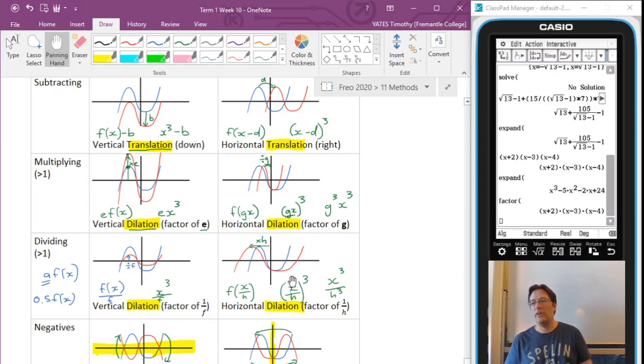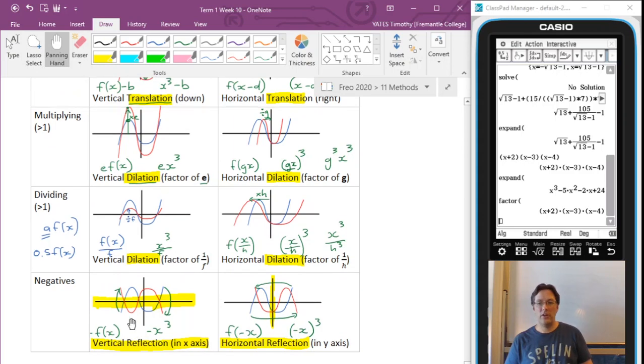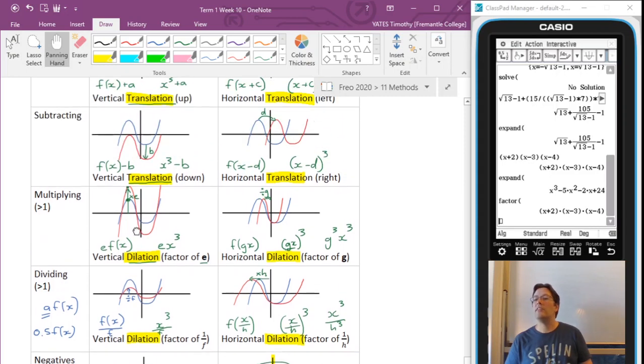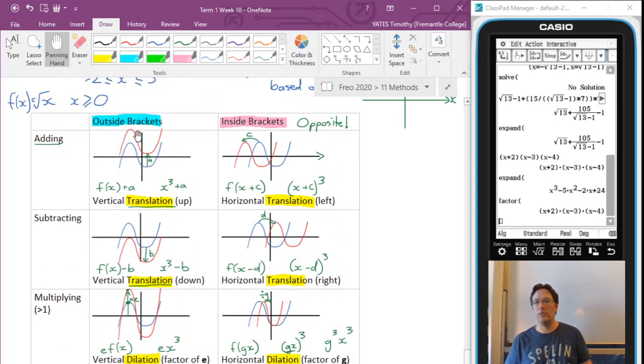So that's a little bit opposite of what you may think. And if there's a negative outside the f of x, then it's flipped vertically. If it's a negative inside, it's flipped horizontally. So that's a little summary of how we expect those to work.